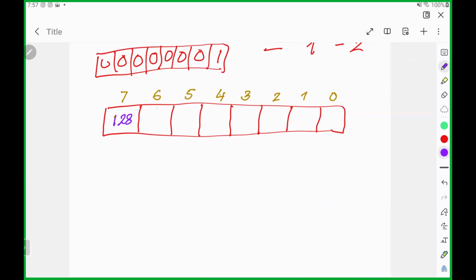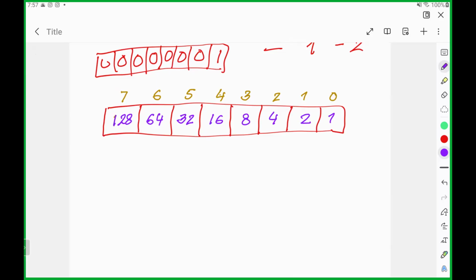And then if the 6th position is 1, then it will be 64, 32, 16, 8, 4, 2, 1. So this is the table. If we can remember this table, then we can easily convert our decimal number to a binary number or a binary number to a decimal number. Okay, so this table is very important.